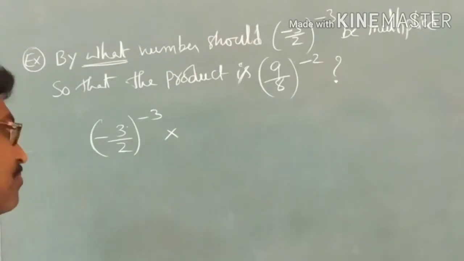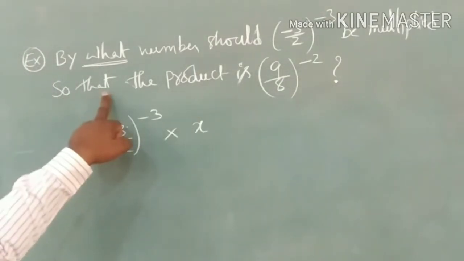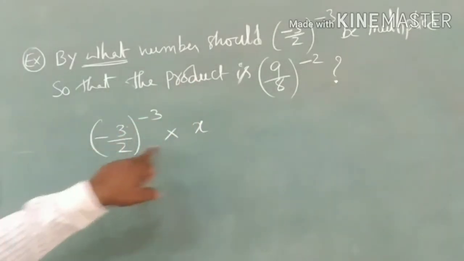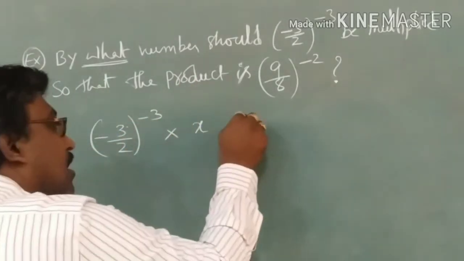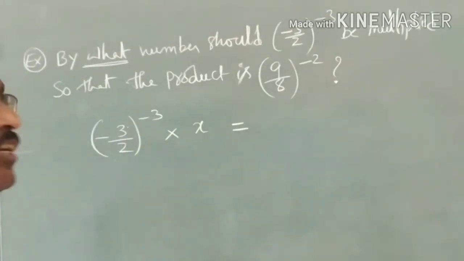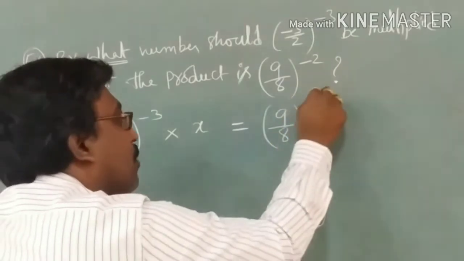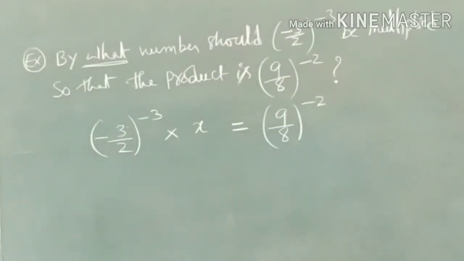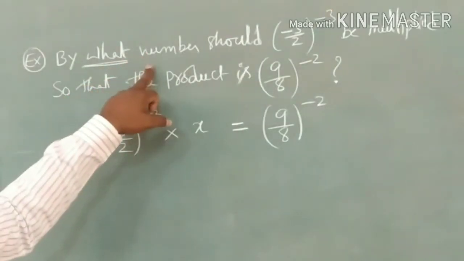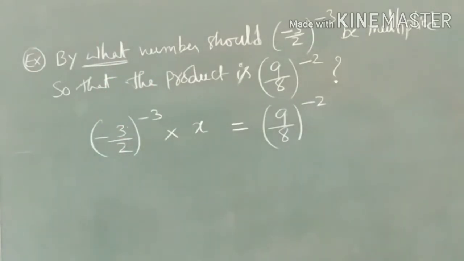Let the number be, good, x. So that the product is, if you multiply these two, 9 by 8 whole to the power of minus 2. Okay. So the word problem I converted into a mathematical statement.